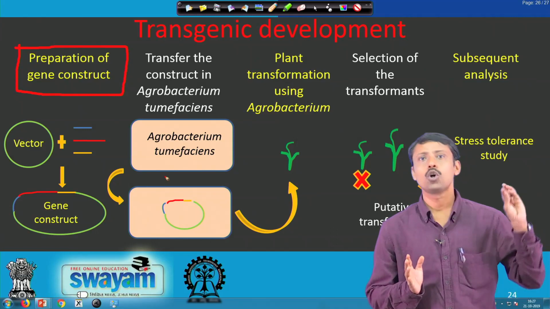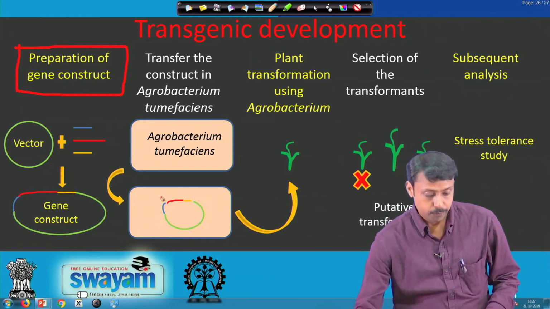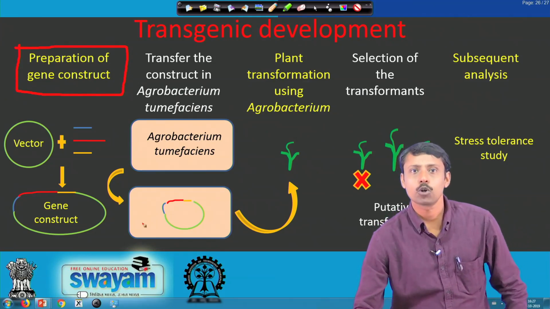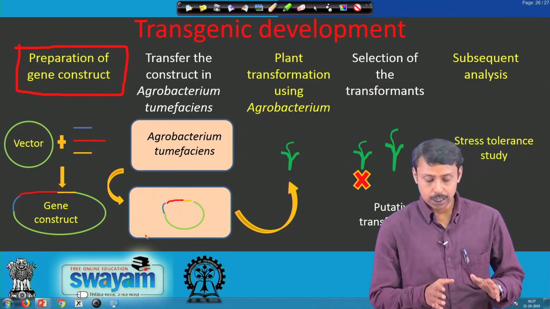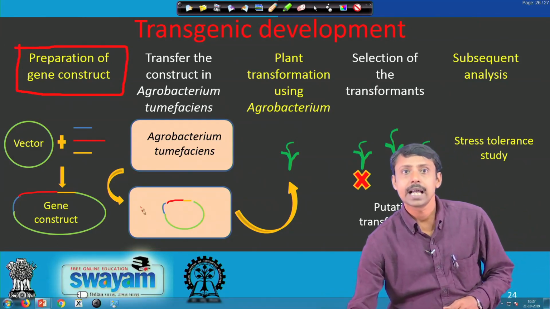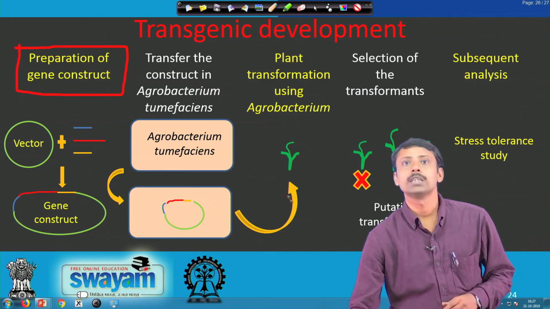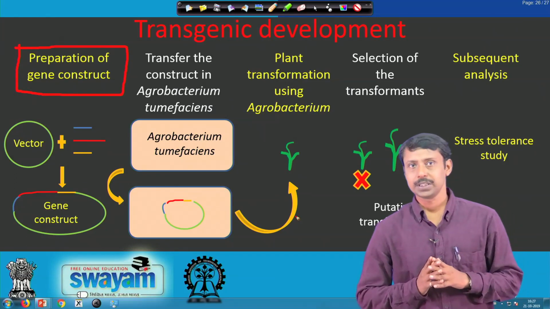So, this is not harmful. Then if we can make this type of construct and deliver it into an Agrobacterium tumefaciens strain, thereafter we have to transfer this Agrobacterium harboring this particular plasmid into the plant genome. For that reason we need to do plant transformation.